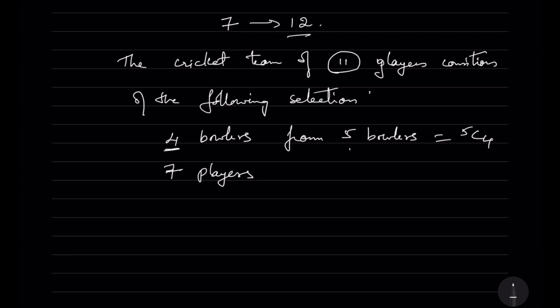So selecting from 12 players can be done in 12C7 ways.